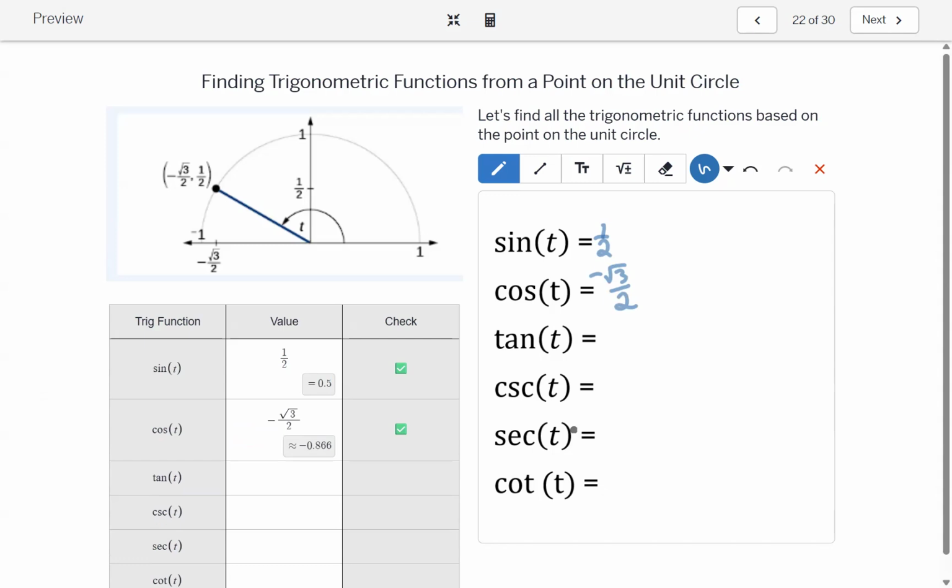Now we're going to figure out the other 4. So tangent is sine divided by cosine. So that is going to be 1/2 divided by negative square root of 3 over 2.